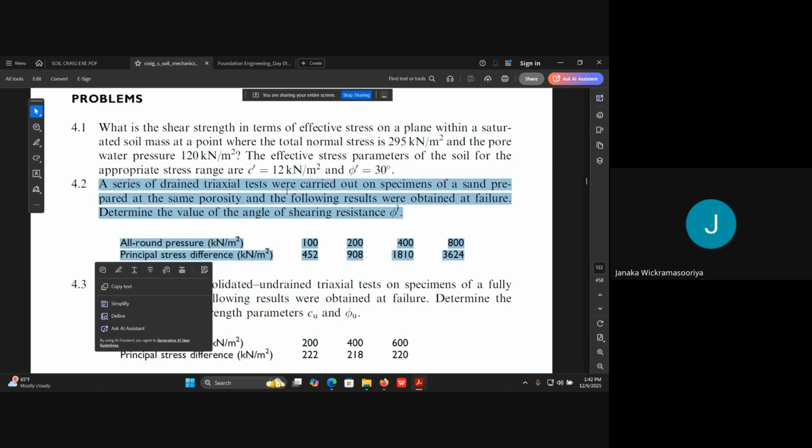Drained test, triaxial test. All-around pressure means what is it? The sigma 3 value, right?